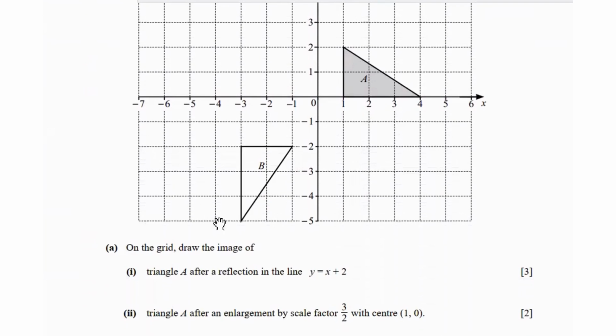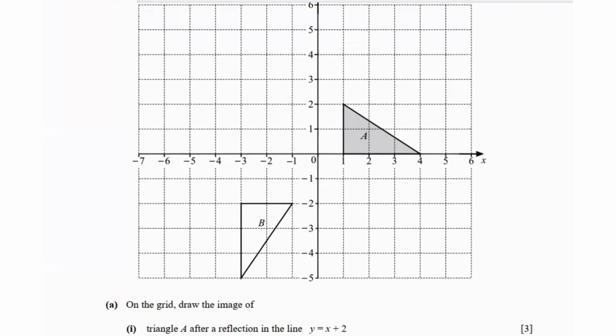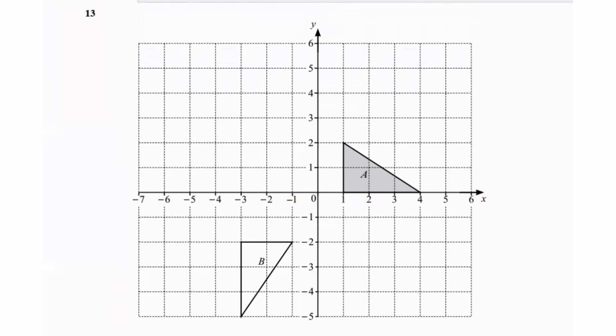For question 13, it says on the grid, draw the image of triangle A after reflection in the line y equals x plus 2. So for the line y equals x plus 2, we know y equals x is a line that's passing through the origin, and whatever the value of y is, it's the same as the value of x. So let me draw the y equals x line first. This is your y equals x line.